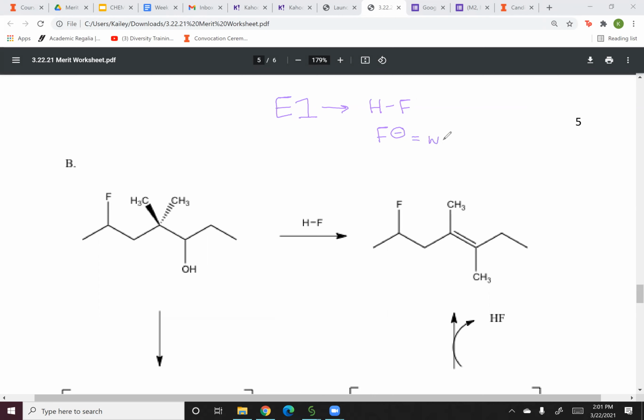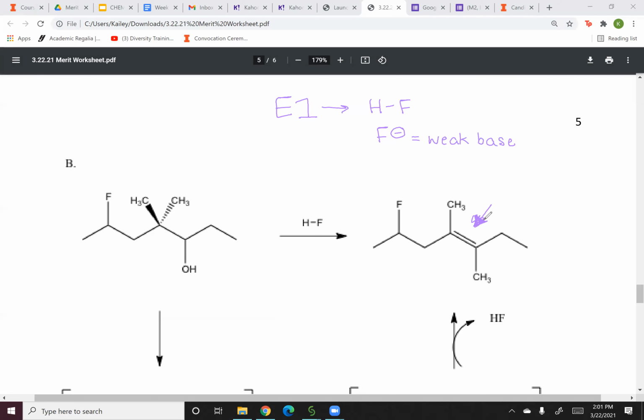And F minus is a weak base. Additionally, we know that this has to be either E1 or E2 because we form this alkene. So we can eliminate SN1 and SN2 based on the fact that there's an alkene. And then the fact that we have a weak base supports E1.